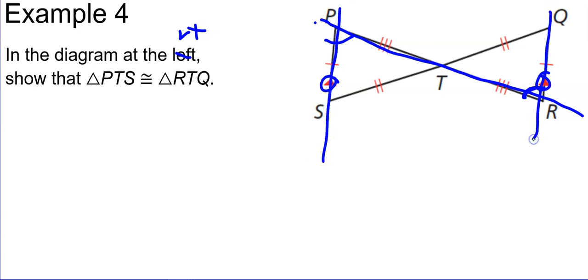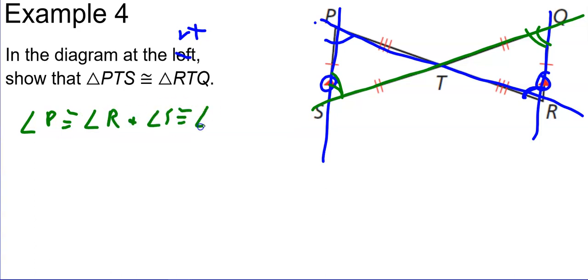And SQ is also a transversal, so that makes this angle and this angle alternate interior angles. So angle P is congruent to angle R, and angle S is congruent to angle Q, because they're alternate interior angles.